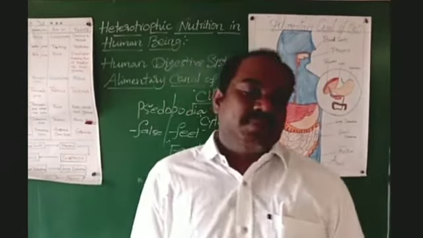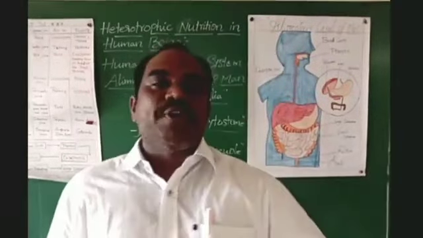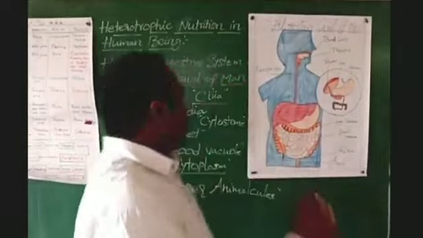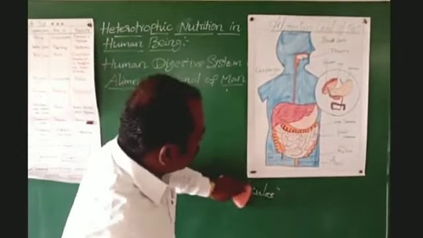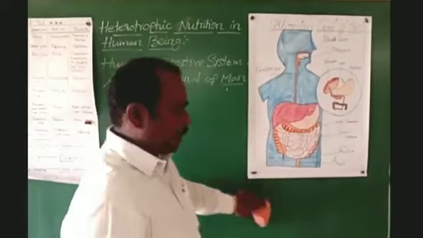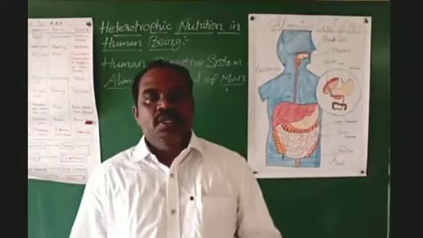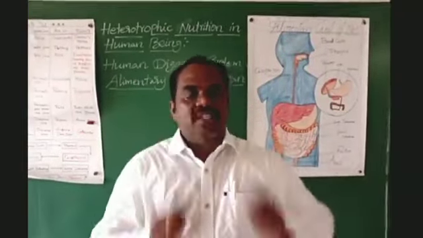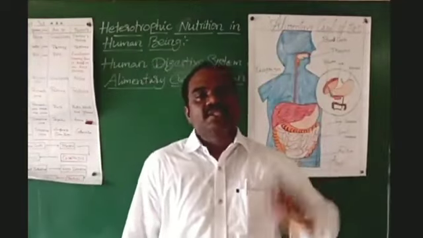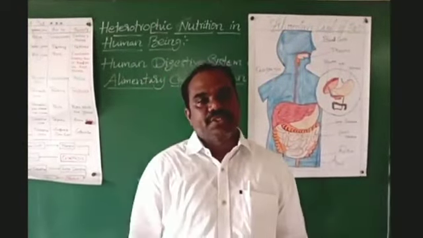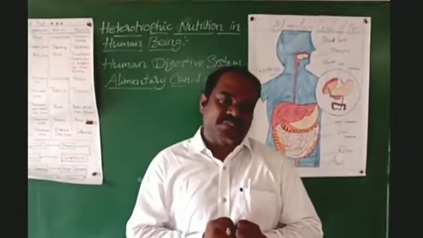In this class, heterotrophic nutrition in human beings. All of you students write down: heterotrophic nutrition in human being. Heterotroph is of Greek origin. Hetero means others, troph means nourishment, the intake of food materials.